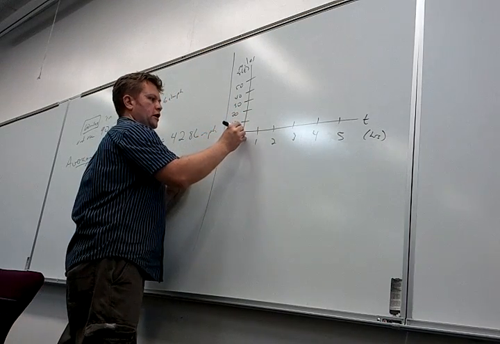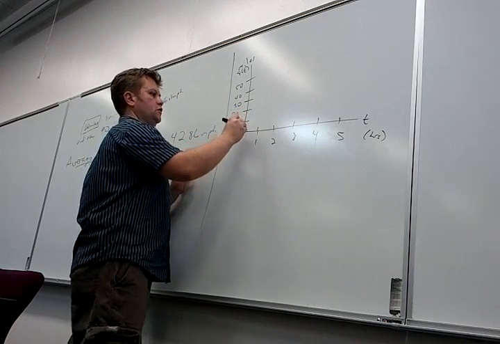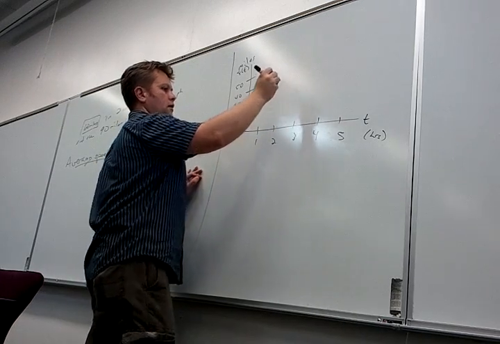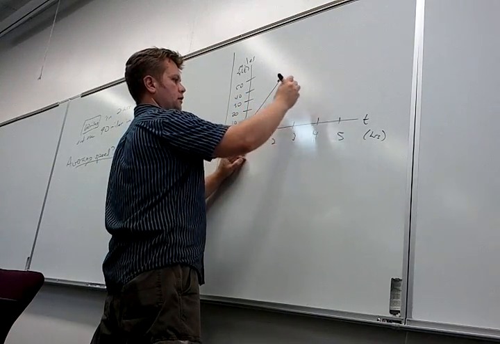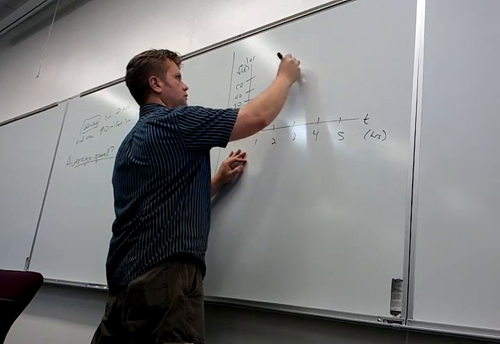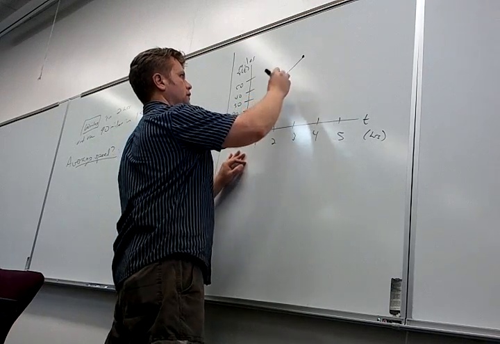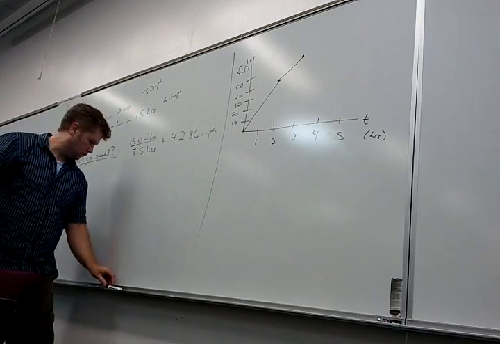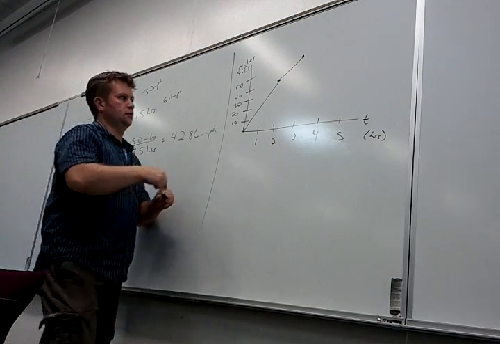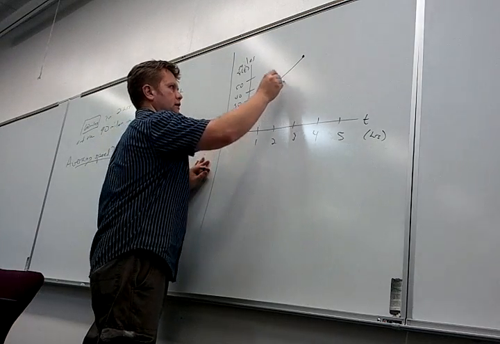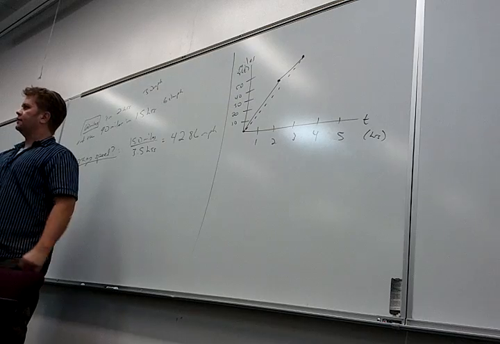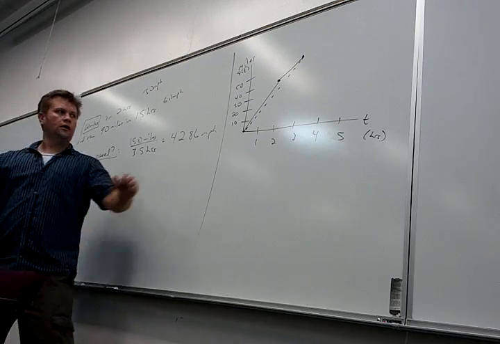So if I start here and I go in 2 hours, I go 40 miles, and then in 1 hour I go 10 miles. Visually, the average comes out to be just the as the crow flies kind of thing. Tell me why that makes sense kind of visually.